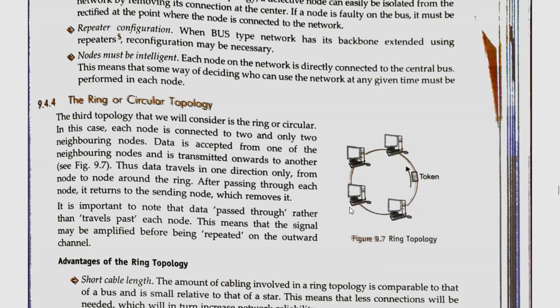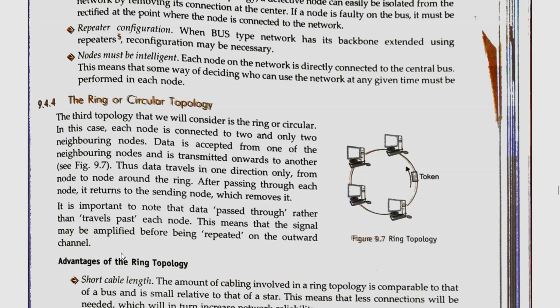So it is a condition of pass through, not travel past. The signal may be amplified before being repeated on the outward channel. So if the signal is being transported from one system to another, there's a probability that it may be amplified before repeating. Amplified means the signal strength can be increased.